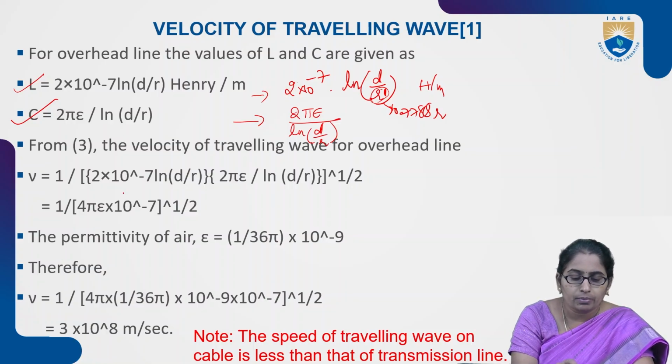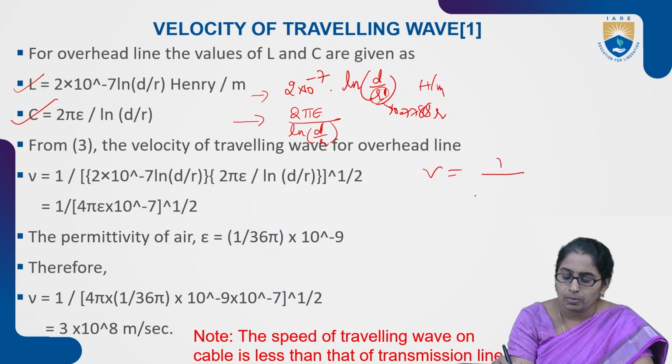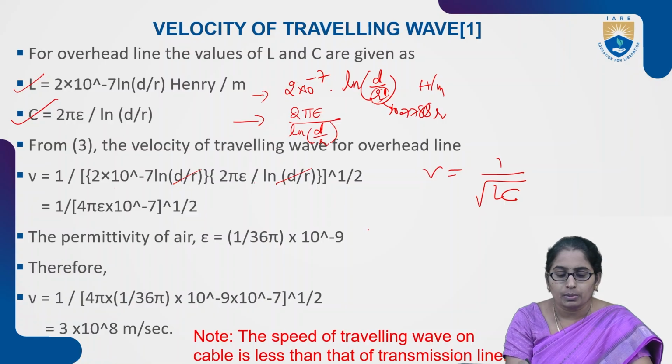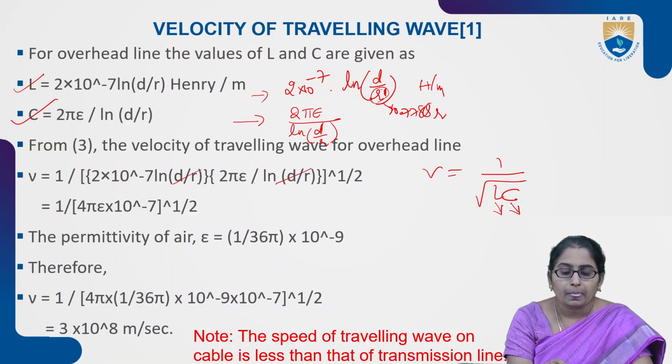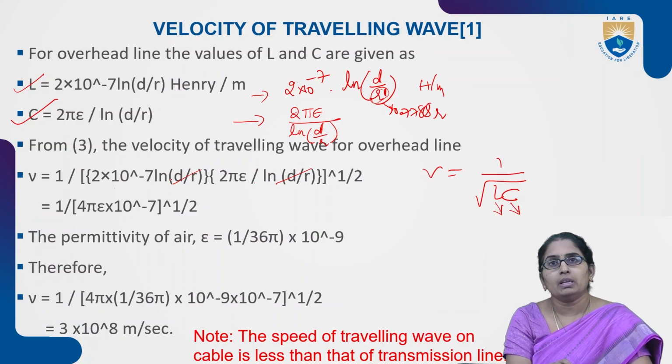If we substitute the velocity expression, we know that it is 1 by square root of L C. Substituting the L expression and C expression, this log of d by r gets cancelled.